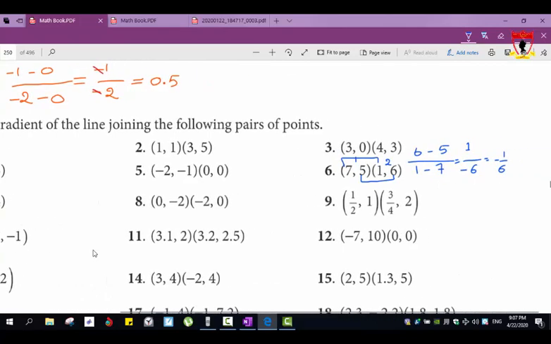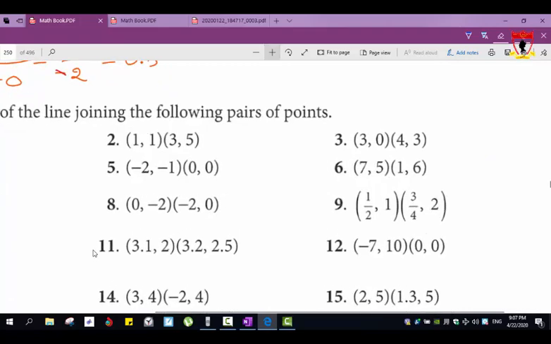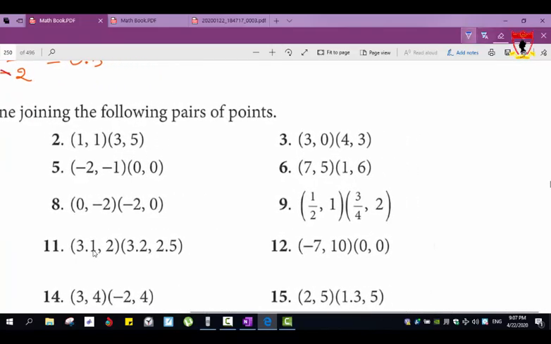Question 9. What if we have fractions? We just subtract the fractions just like ordinary fractions. Let's say these are x2, y2, this is x1, y1.